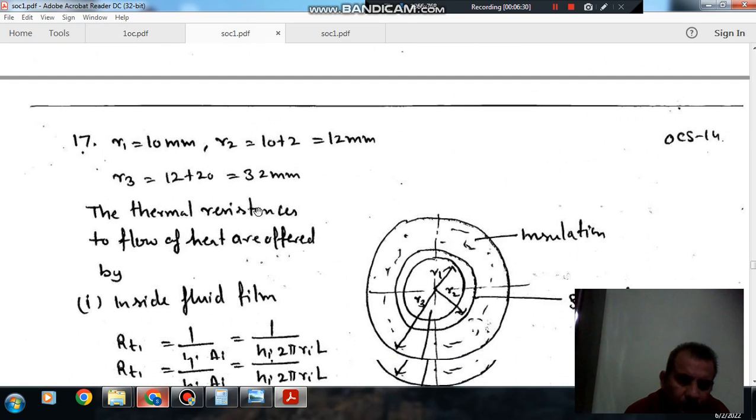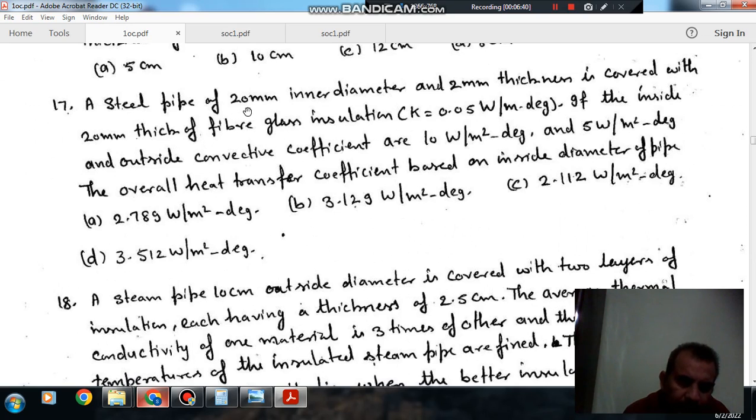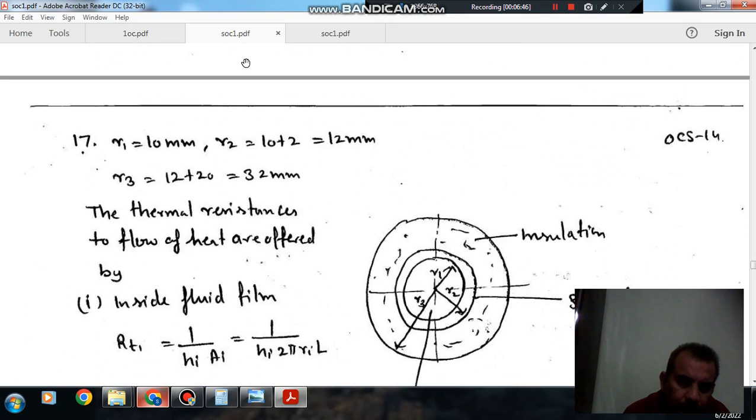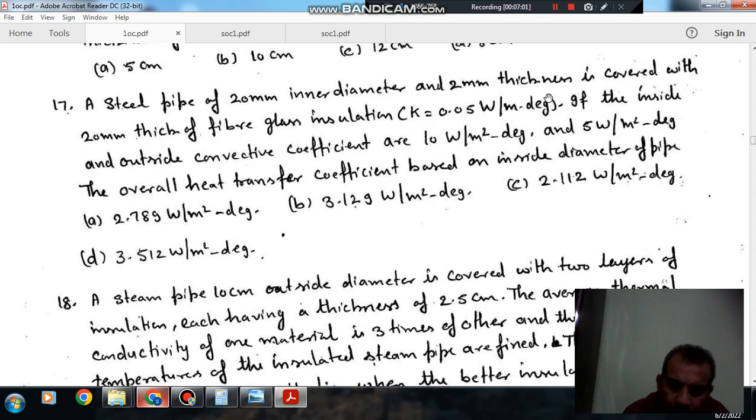So this is the data: R1 is 10 mm. The inner radius of the pipe is 10 mm, and with thickness 2 mm, R2 is 10 plus 2, so the outer radius of the pipe is 12 mm, and an insulation of 20 mm is there.